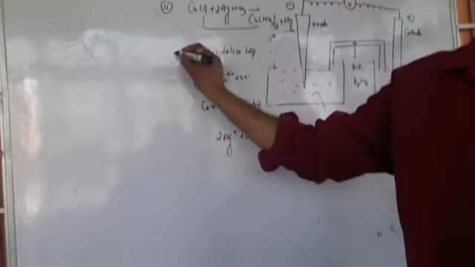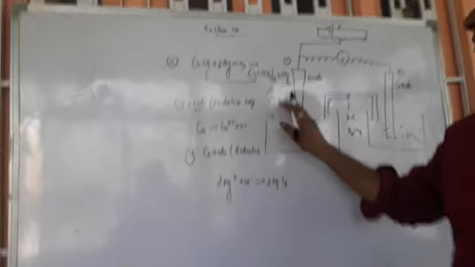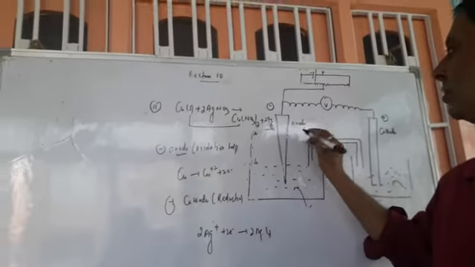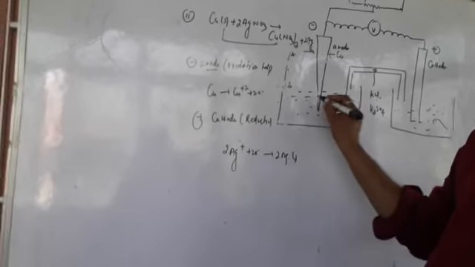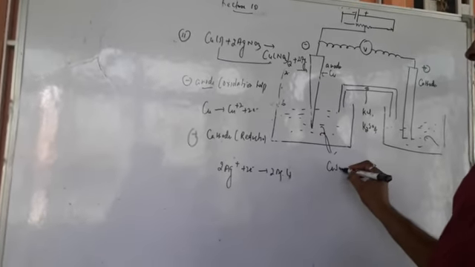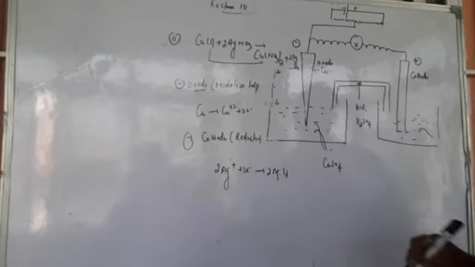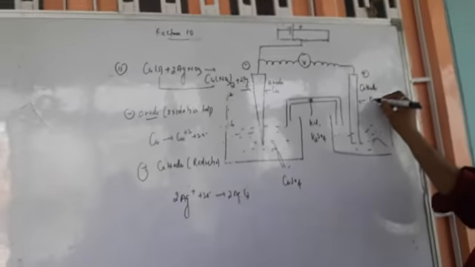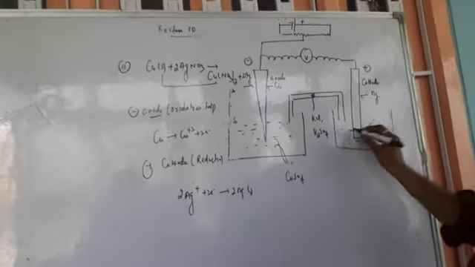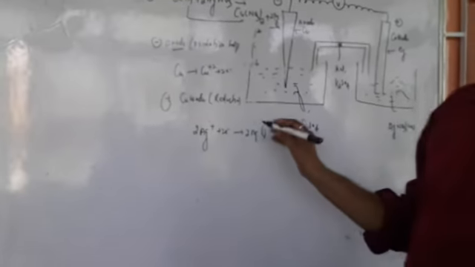The anode acquires negative charge, and the cathode acquires positive charge. This is the cell reaction. Copper dissolves into its salt, copper sulfate. This is the salt bridge, with agar-agar solution, K2SO4, KCl. The other electrode is silver, which dissolves into silver nitrate, AgNO3 aqueous solution.